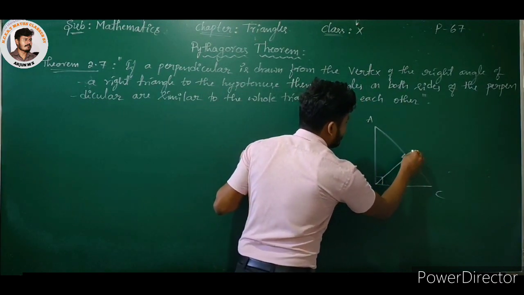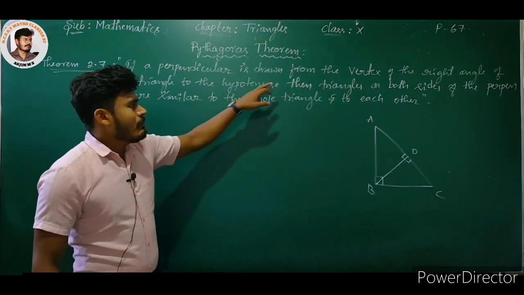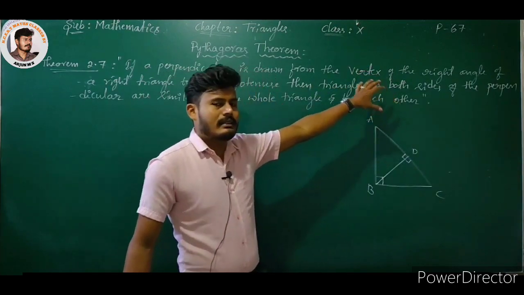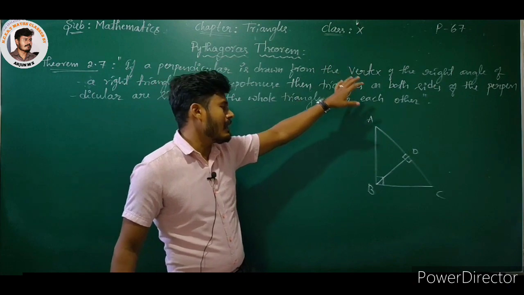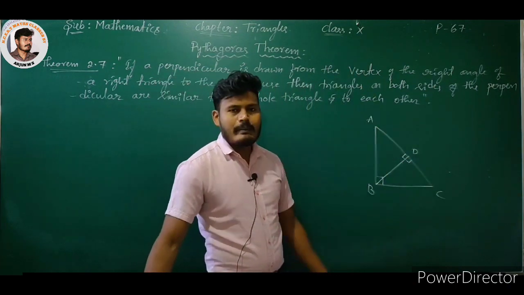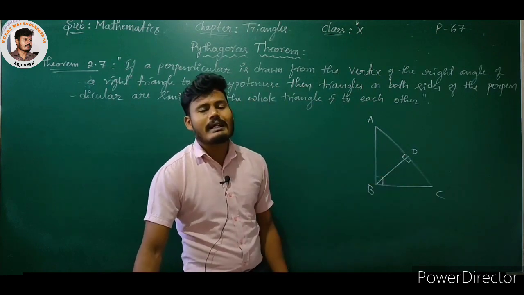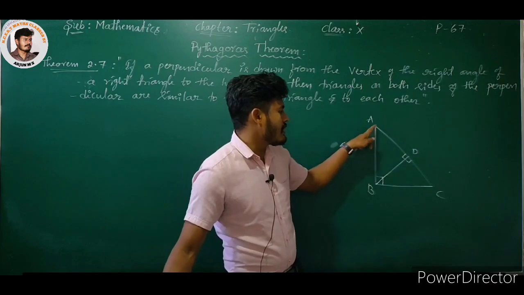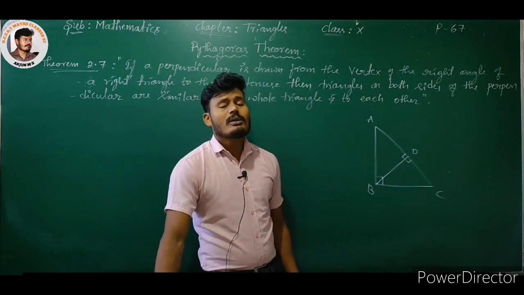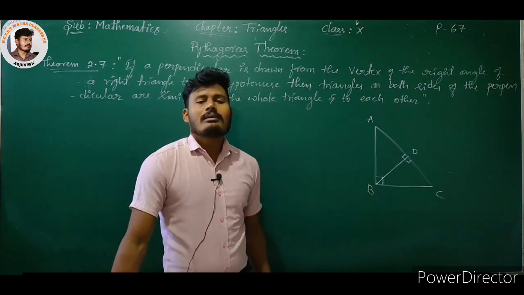Perpendicular, you already know. Then, triangles on both sides: after drawing the perpendicular BD in triangle ABC, you notice it is divided into two right angle triangles, ADB and BDC. These are the two triangles formed by drawing BD.